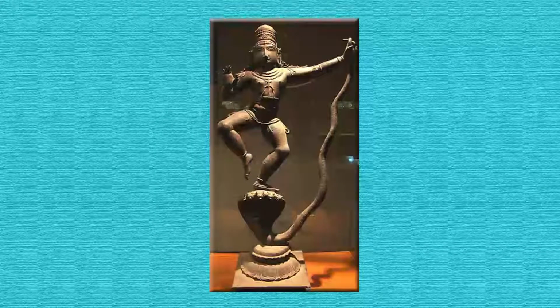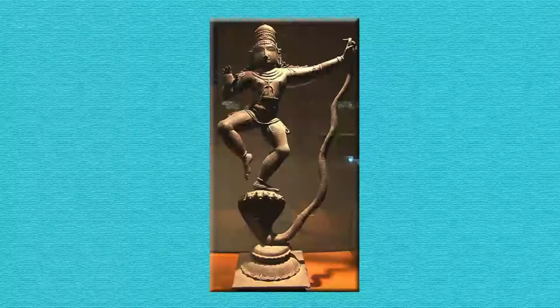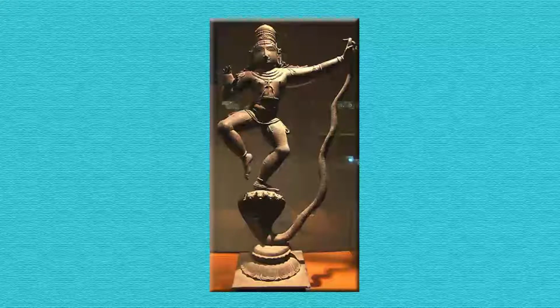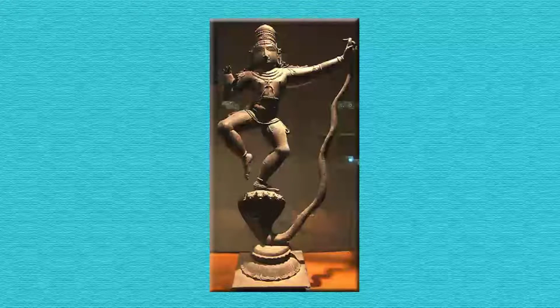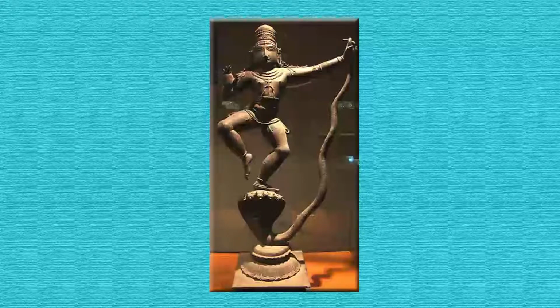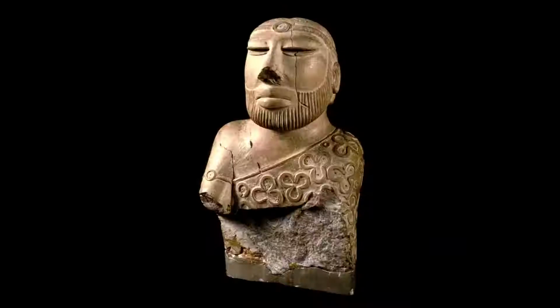But it is not very unusual also to come across freestanding sculptures like this one from the Chola period, the image of Kaliyadaman, that is Krishna who is subjugating Kaliya, the snake, and originally this might have been kept inside the temple, but this was not essentially or physically the part of the architecture. Hence, we call this kind of sculptures freestanding sculptures. Like architecture, the legacy of Indian sculpture can also be traced back to the Indus Valley civilization.